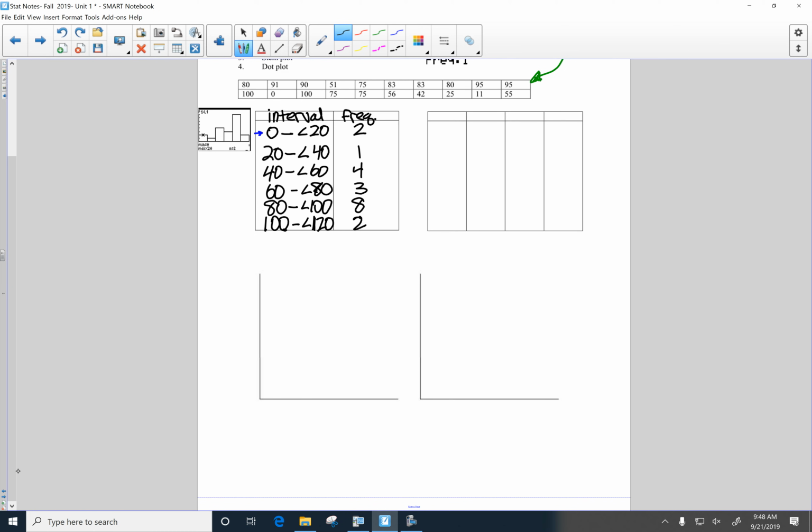I don't know. All right, so we're going to create bins on the horizontal axis. Fancy term for line segments. 1, 2, 3, 4, 5, 6 of them.